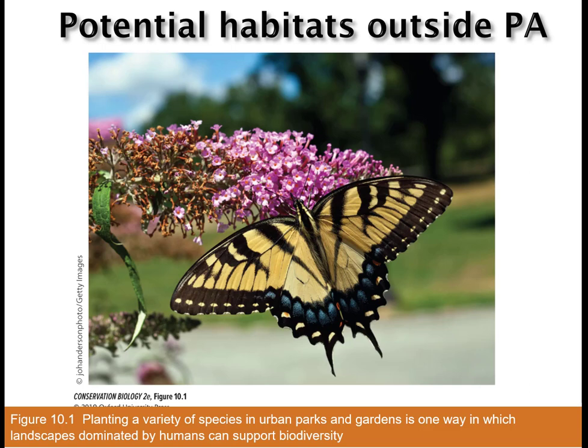And so species really need us to modify the way that we put our footprints on the landscape to help promote diversity and conservation in these areas that we reside.